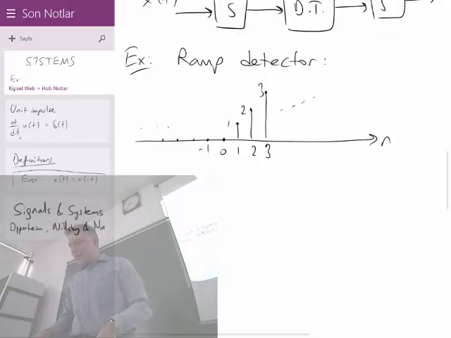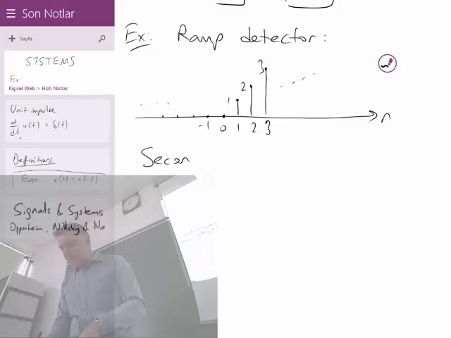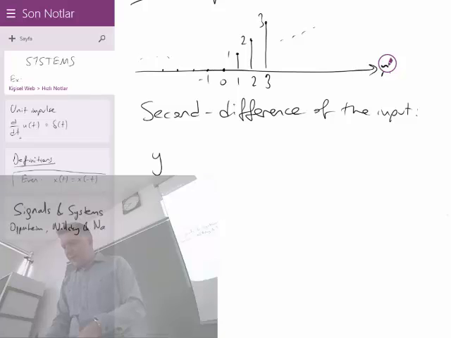Now, that's what I'm trying to do now. I will take the second difference of the input like this. y of n, I will say, will be equal to the first difference.